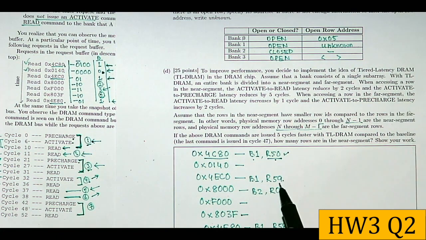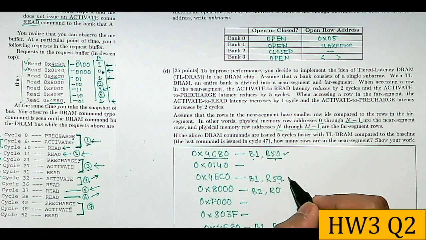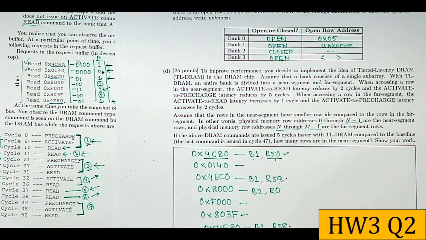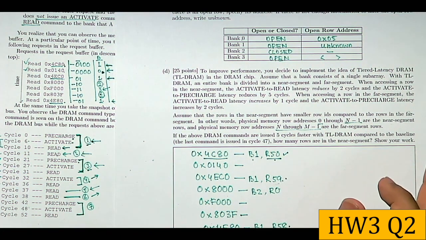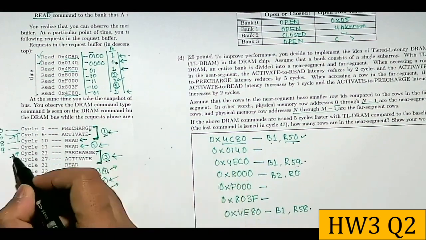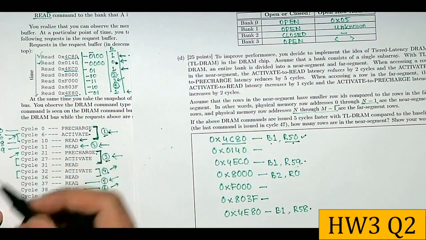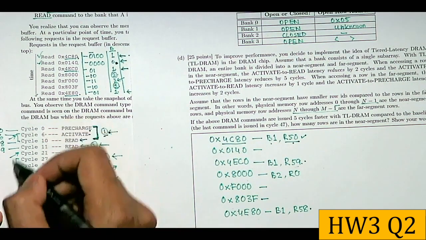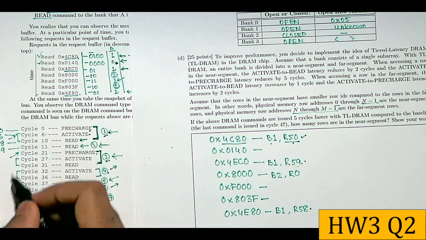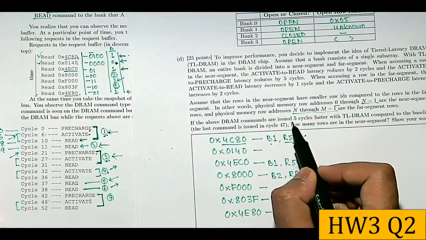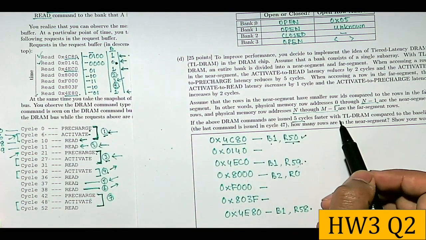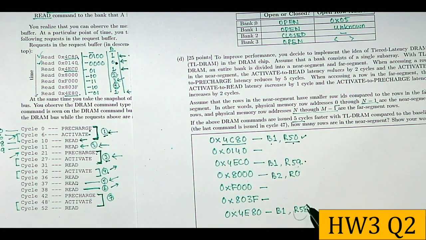Anything on the fast segment comes with an access penalty. Make sense? Right now, I'm just trying to figure out whether my intuition is correct by getting the timeline. If my timeline doesn't match the constraint that you have 5 cycles faster, then I will roll back and consider some other row to be the boundary. Does that make sense?